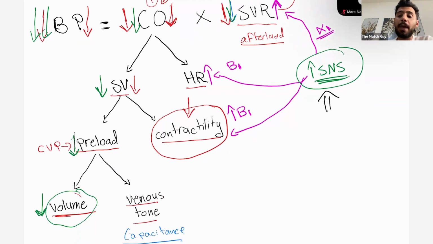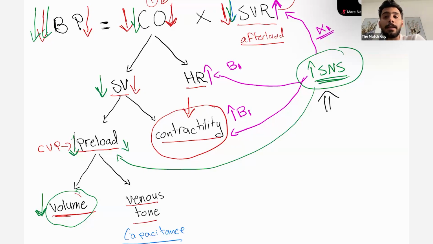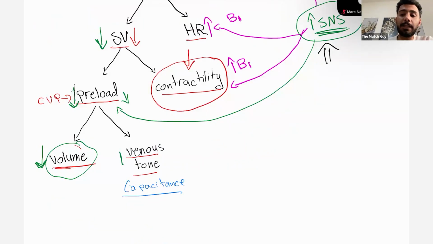So even though the amount of preload coming back to the heart is going to be decreased in the setting of distributive shock, because now the venous tone has decreased and now the veins are holding more blood, and also the volume inside of the blood vessels, or as one of you was saying in the chat, the effective circulating volume has decreased because some of it is leaking from the blood into the tissues.